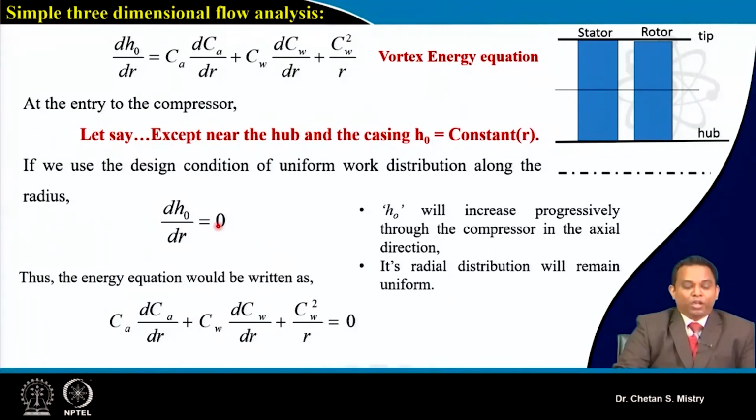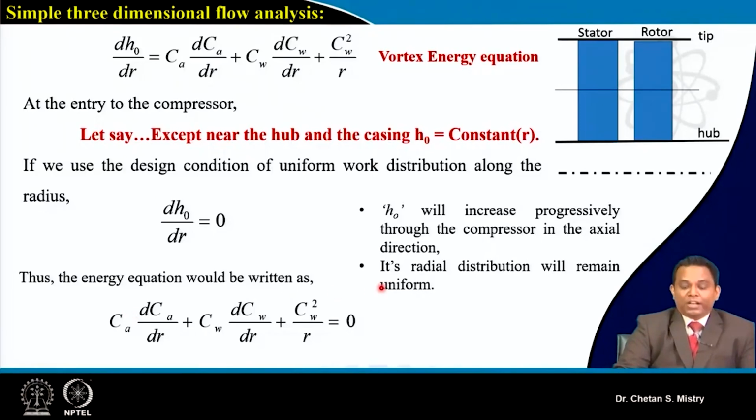Then my energy equation reduces to the form Ca dCa by dr plus Cw dCw by dr plus Cw square by r equal to 0.